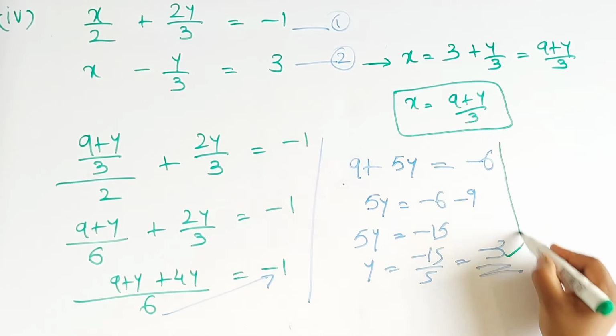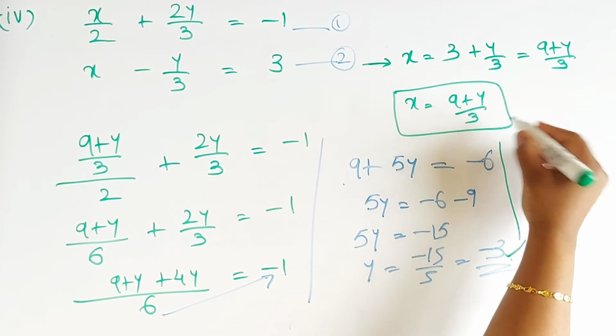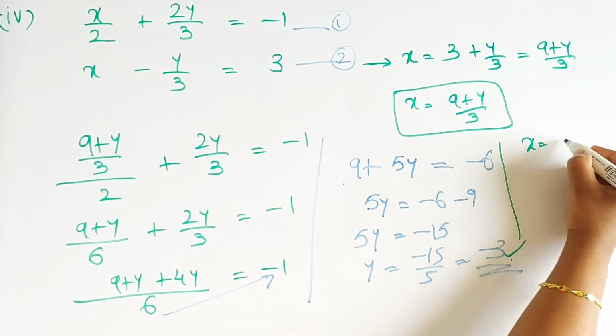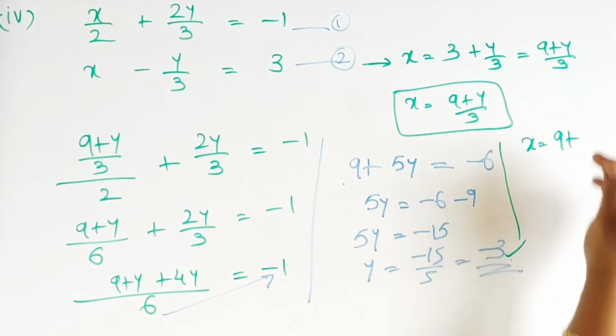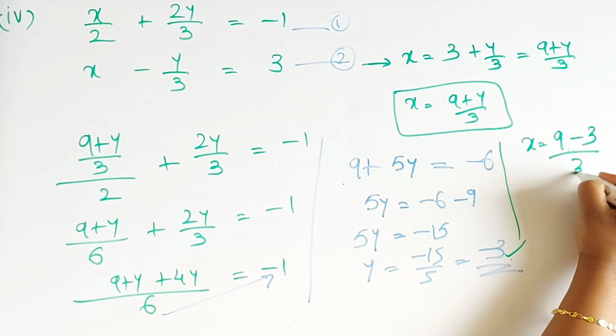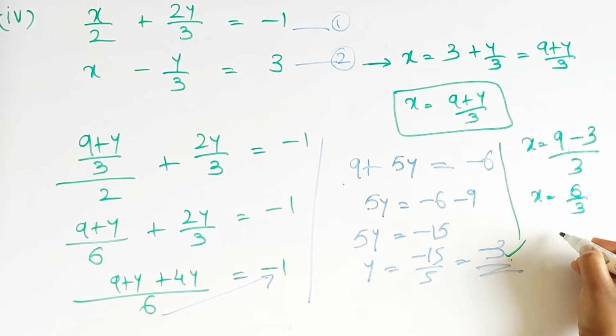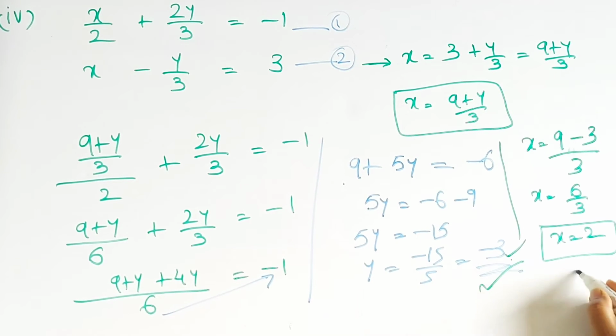We know the x expression. Just substitute this y value here. x equal to 9 plus y/3. So x equal to 9 plus y, means -3, -3 divided by 3. x equal to 9 minus 3 is 6, by 3, children, that equals 2. x equal to 2 and y equal to -3.